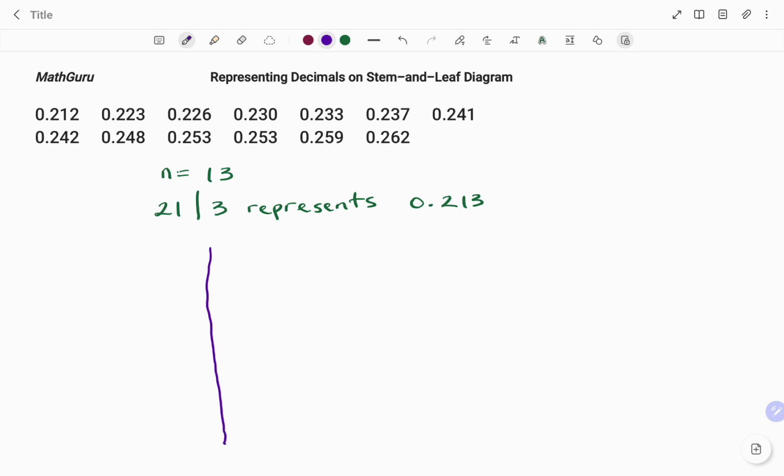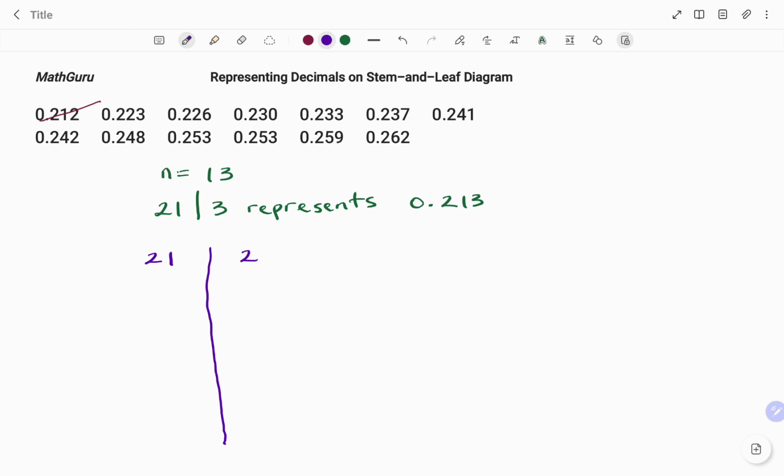And because my data is already ordered, I'm just going to start with the first number, that's 0.212. So the first 2 digits after the decimal point will be my stem. So I have 21, and then the last digit will be my leaf, I have 2. I'm going to take that out. I go to the next number.